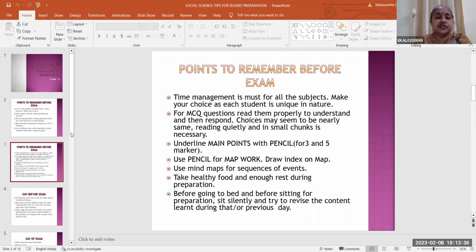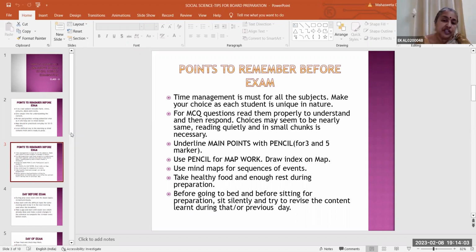When you're writing MCQ answers, there is a suggestion that there should be a one-line gap between the sentences. Why? Because it will be easier for the examiner to check. Write the options along with the full sentence. Do not write just question number 4A, 5C, 8D. Write the full answer along with the options, because writing the options is very important.